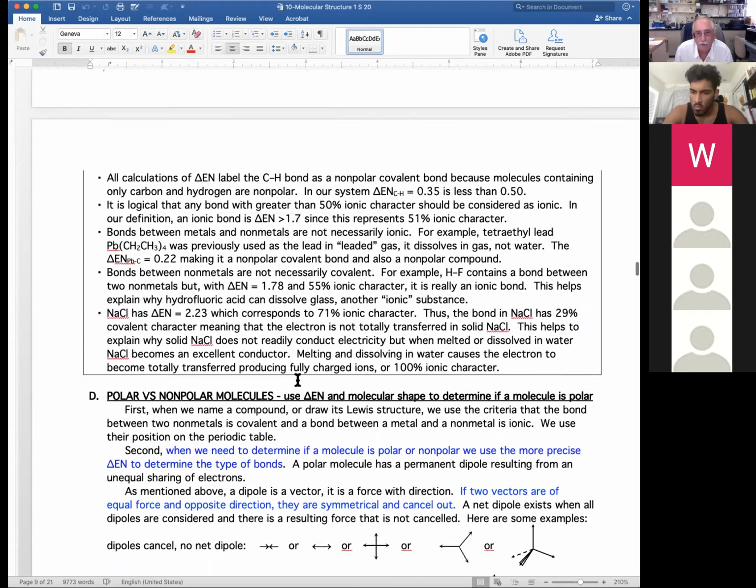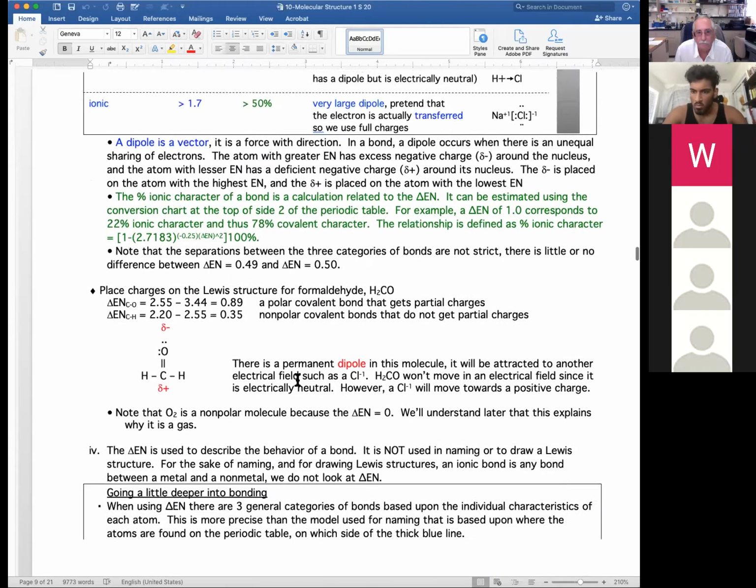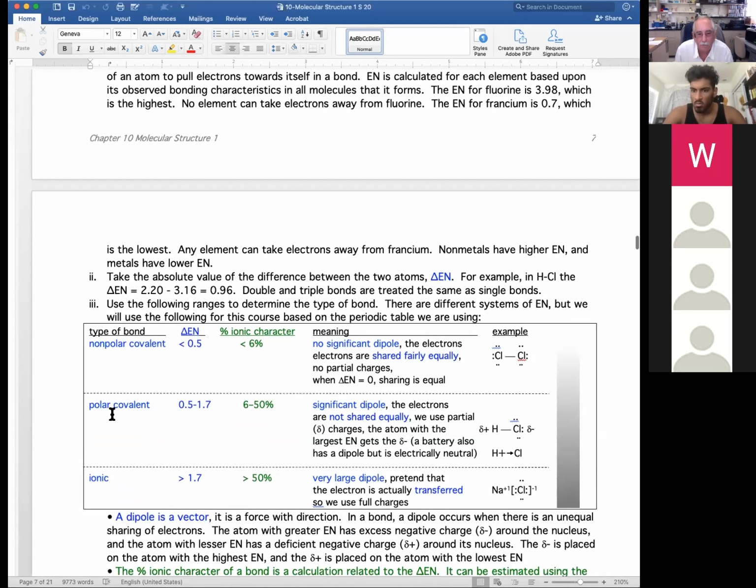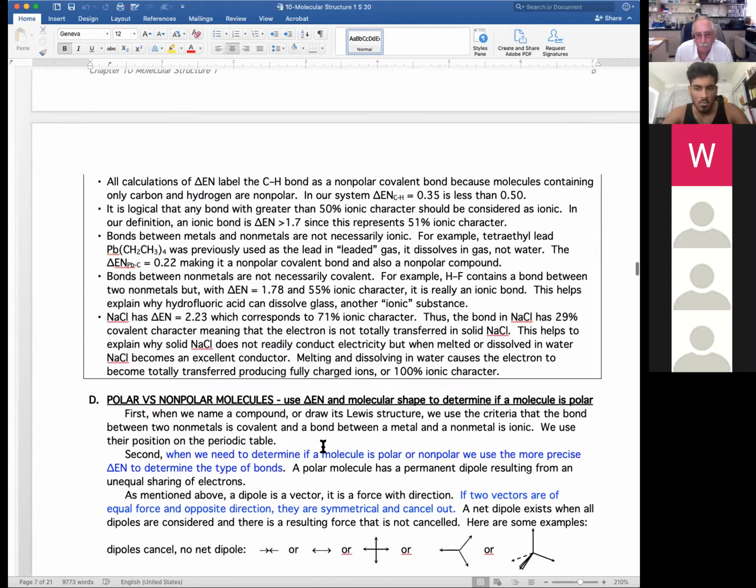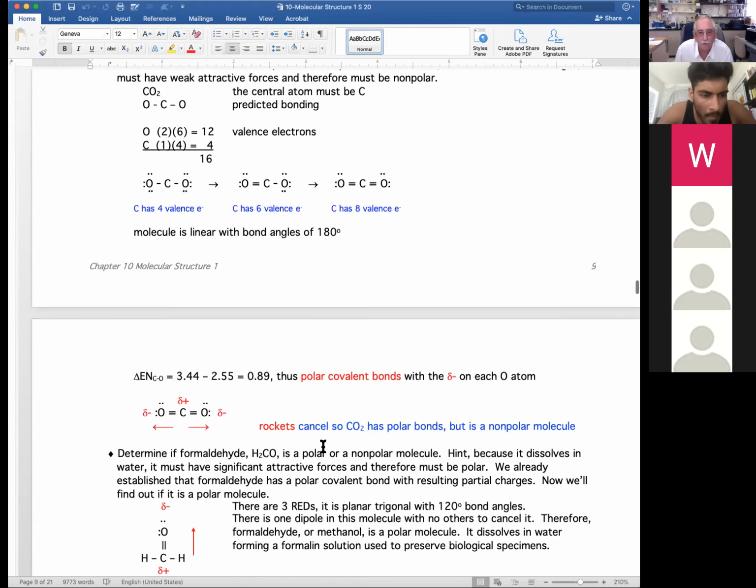That's in the category of being a polar covalent bond. We assign charges. These are rockets. The more electronegative atom is oxygen, so it gets the negative. That means carbon gets the positive, and the same thing over here.